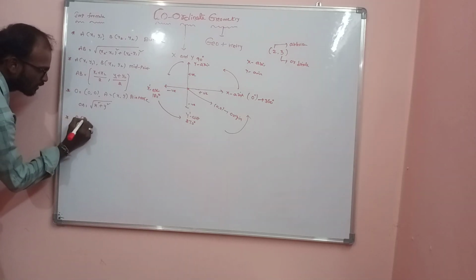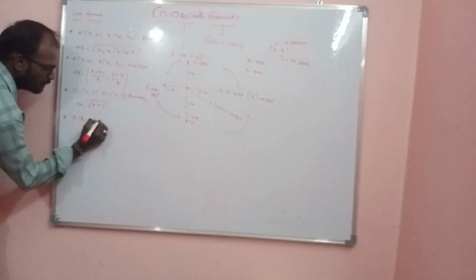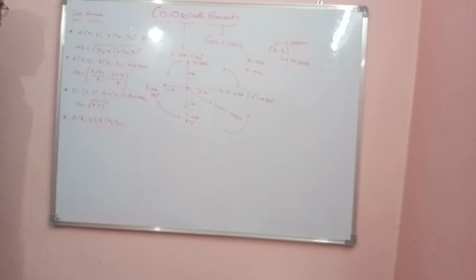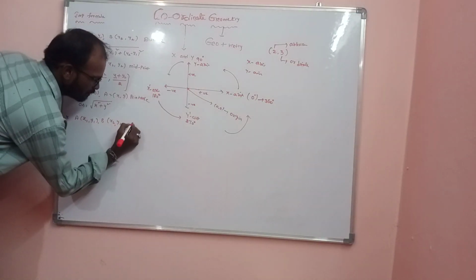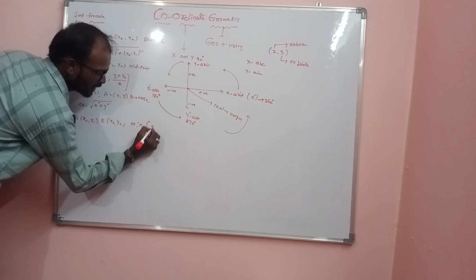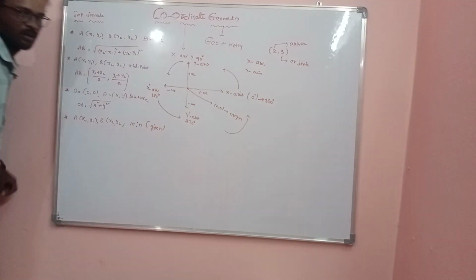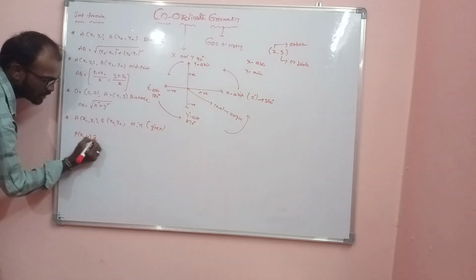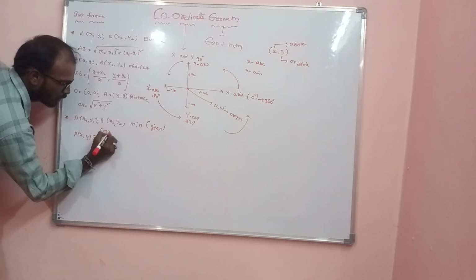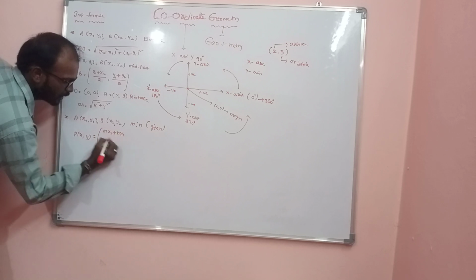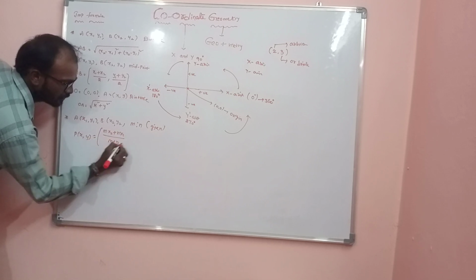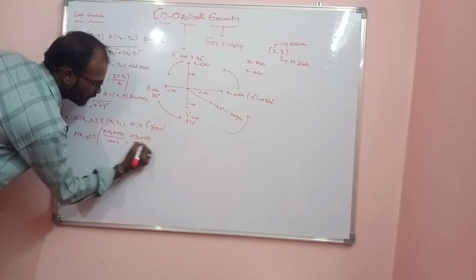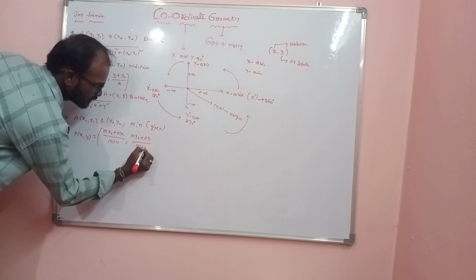A is (x1, y1), B is (x2, y2), and the ratio m is to n is given. Then you can use the formula P(x, y) equal to ((mx2 plus nx1) by (m plus n), (my2 plus ny1) by (m plus n)).